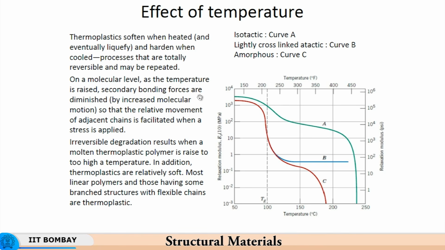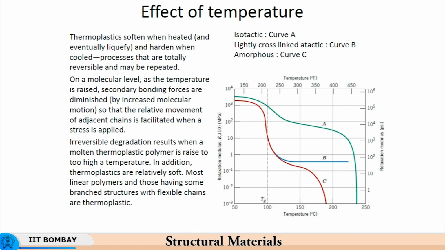So, at a molecular level, as the temperature is raised, the secondary bonding forces are diminished, because secondary bonding forces are van der Waals forces, and so these are all diminished. Only the forces due to the covalent bonding between the atoms remain behind, and that also becomes a little weaker, and therefore there is some amount of expansion in the material.